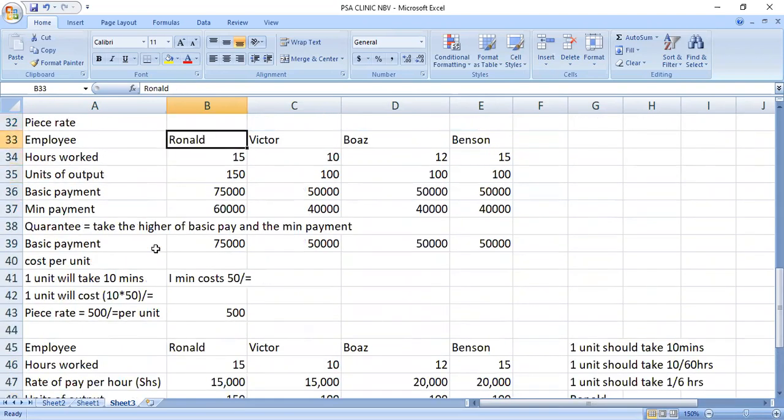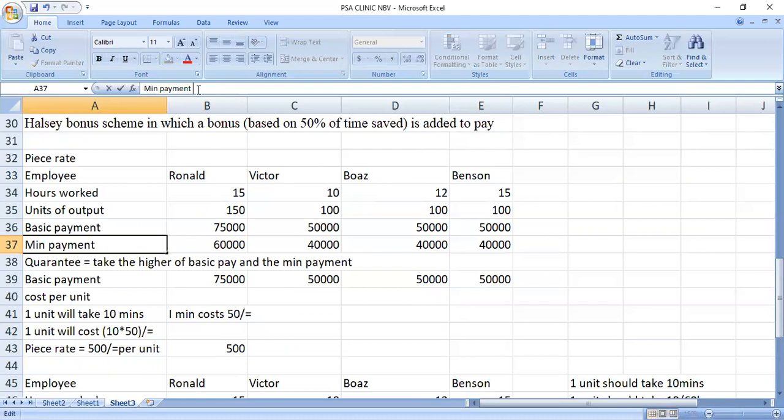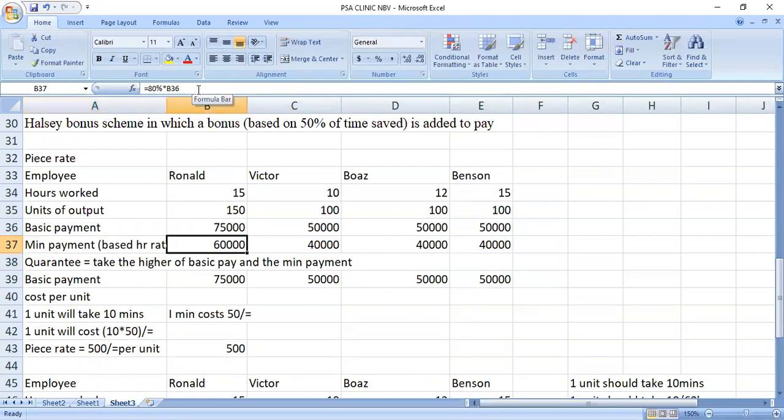Assuming the guarantee was paid on an hourly rate, for example, our minimum payment is based on the hourly rate. If it was based on the hourly rate, this is how it would look.